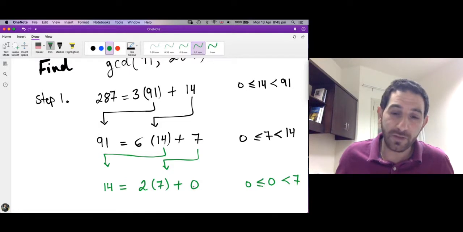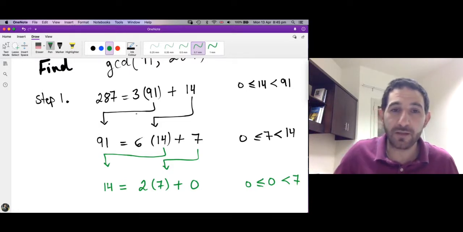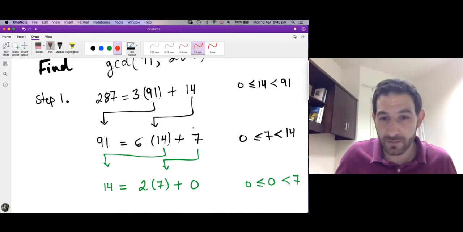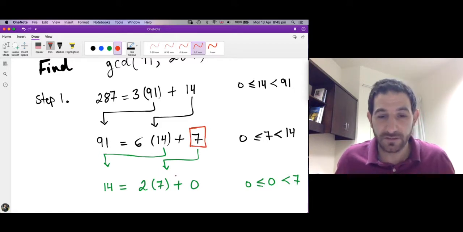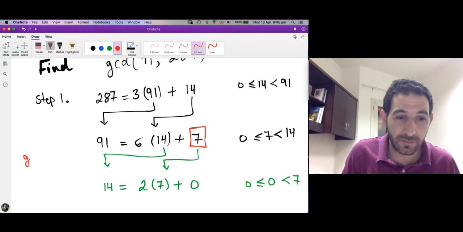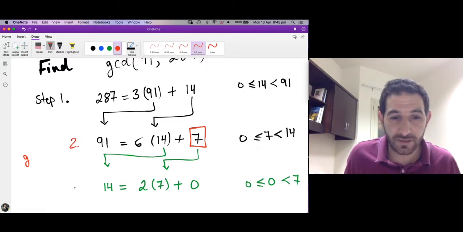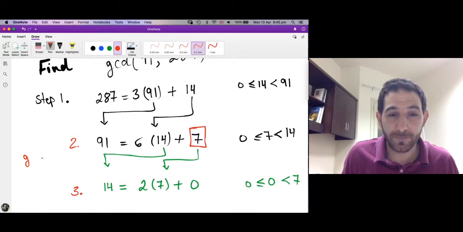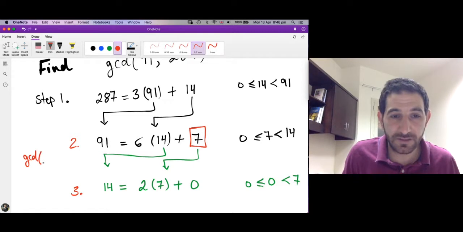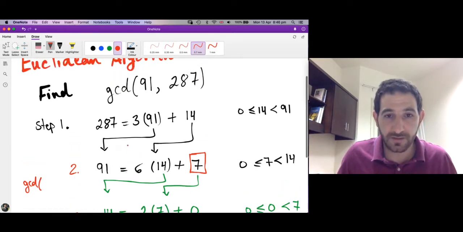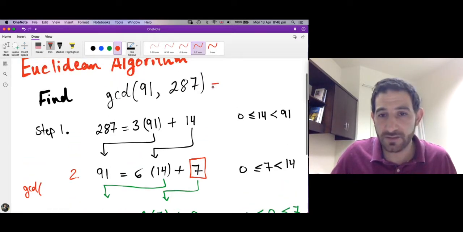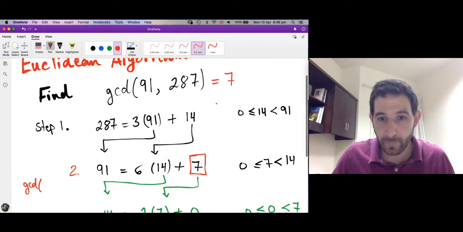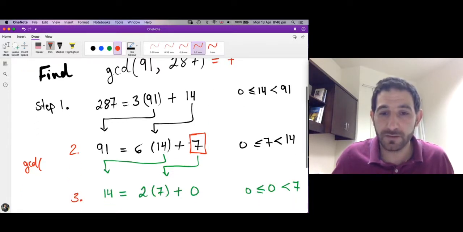When we get a remainder of 0, we stop, and the algorithm declares the last non-zero remainder to be the GCD. So this is step 2 and this is step 3. In 3 steps the algorithm computed the GCD, and the GCD of 91 and 287 is 7. This will be the last non-zero remainder.